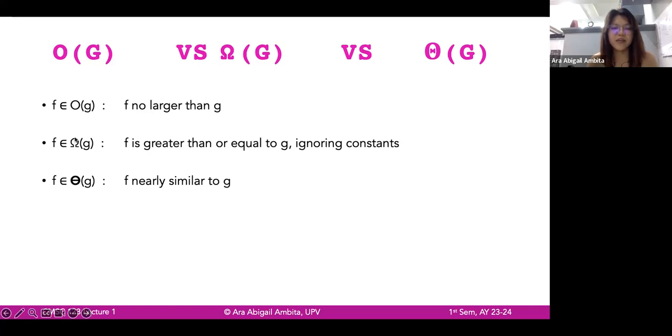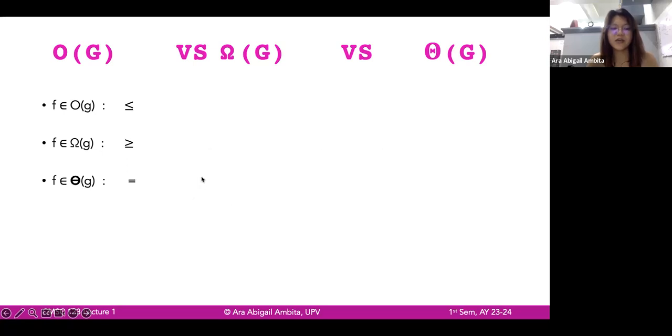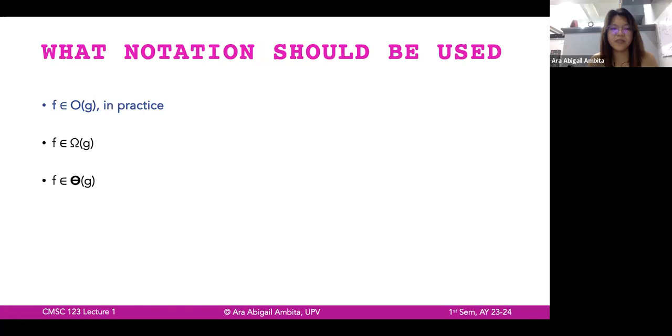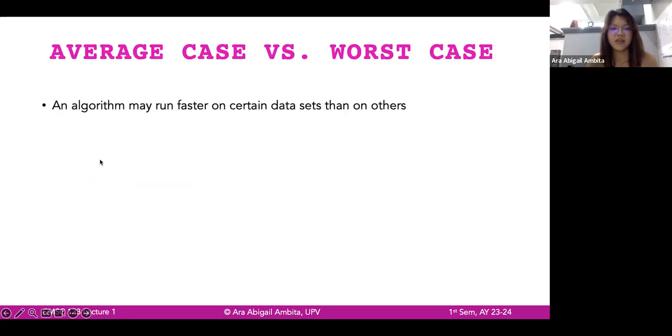But for the big omega, f will be greater than or equal to g, since we are looking for the lower bound here. But for the theta, f is nearly similar to g. And in practice, we always use the big O notation, but in general cases, the average.